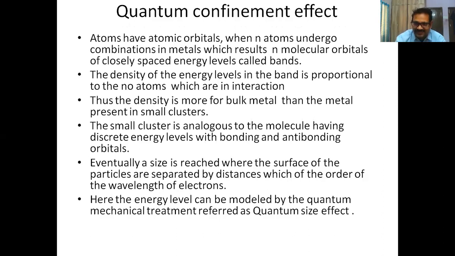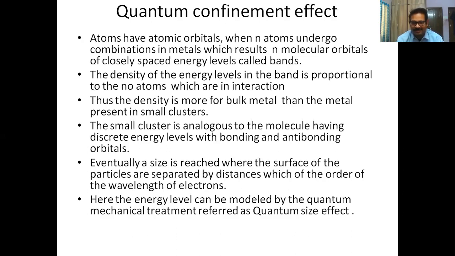Quantum confinement effect. What is quantum confinement? We all know in the band theory, atoms have atomic orbitals. When n atoms combine in metals, this results in n molecular orbitals of closely spaced energy levels called bands. The band theory, we all learned about how bands form. A band is nothing but closely spaced energy levels.